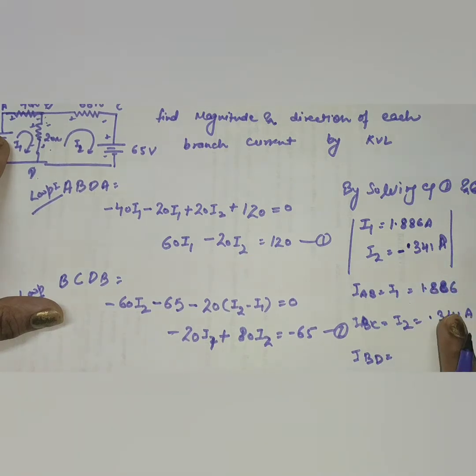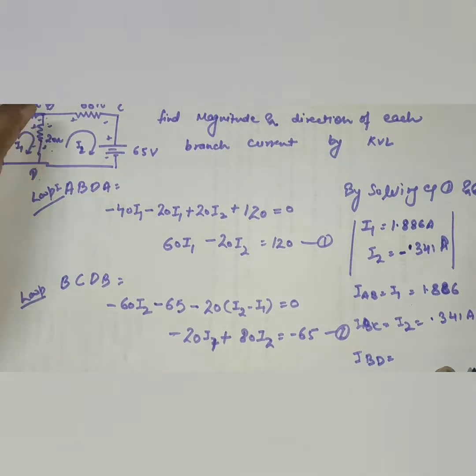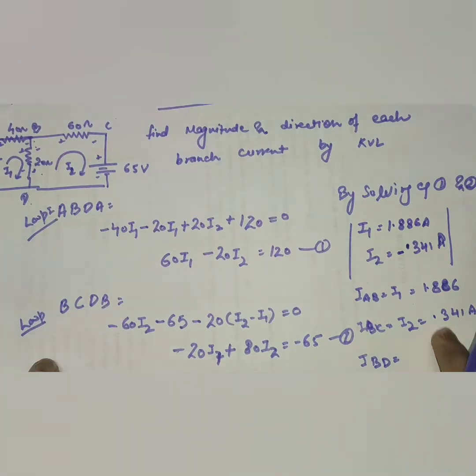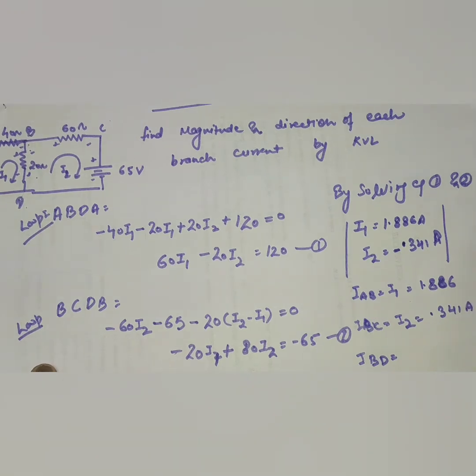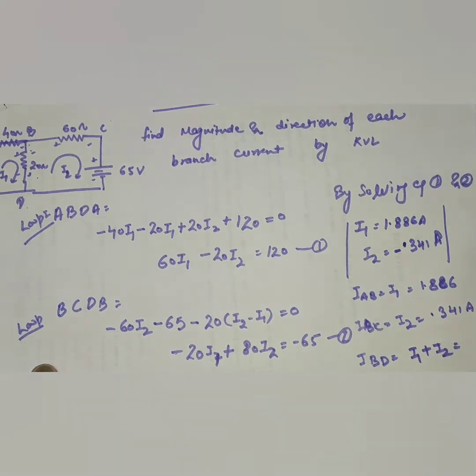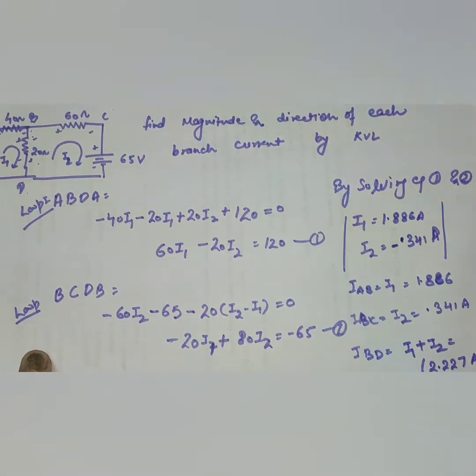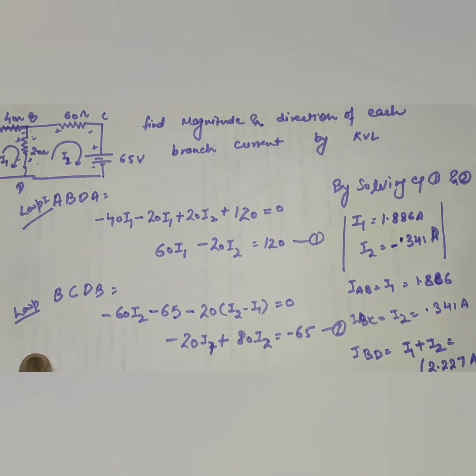The minus sign shows only the direction; if you take the opposite direction, it will be plus, so the magnitude is 3.41. For this direction, I1 plus I2 is 2.227 ampere. You have to solve these equations yourself and check whether our answer is correct or not.